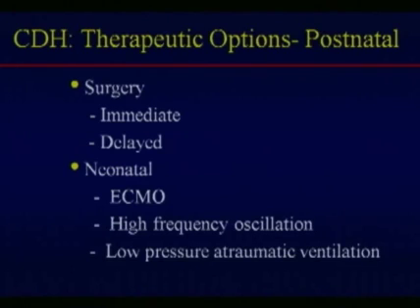In terms of prenatal treatment, really our options are quite limited. We've had a large body of literature which has looked at various options in terms of prenatal surgical management, but all of those have fallen by the wayside, in large part because of the improvement we've made in the postnatal management.